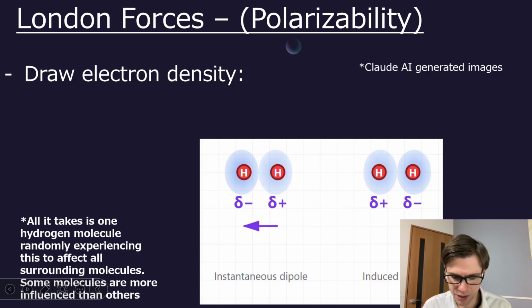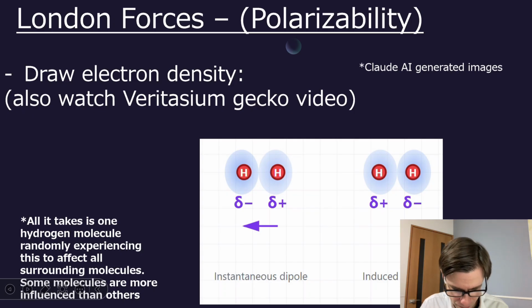So, London forces. This is the first one we'll talk about, and we'll talk about the idea of polarizability. Something we have to understand here is that London forces happen for all molecules, all atoms, all compounds, but they have widely varying strength. Generally, they are low for low molecular weight compounds.